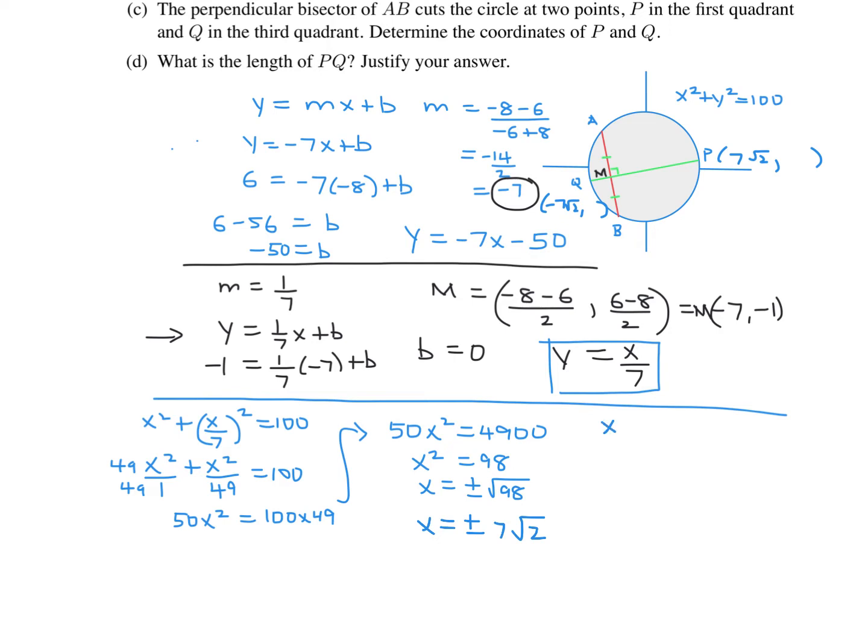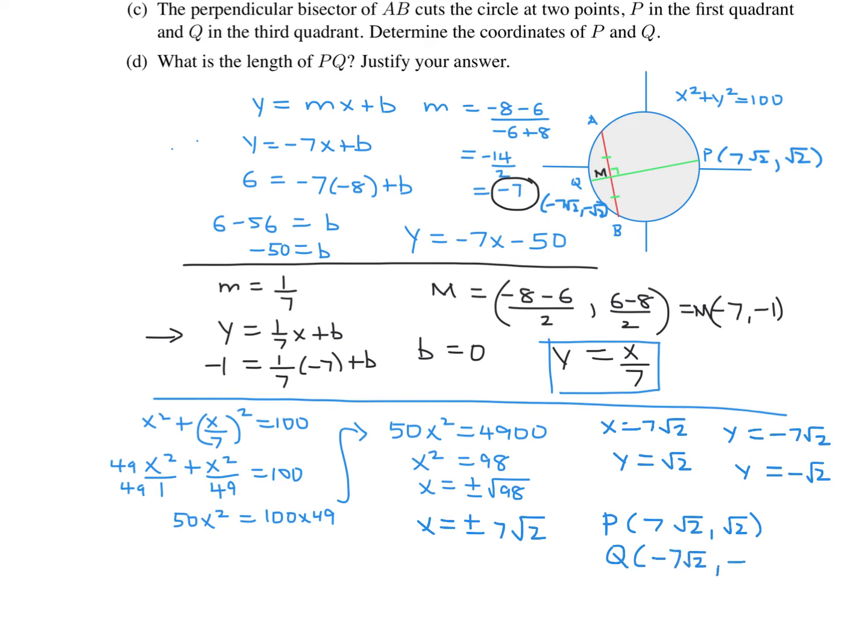When x is 7 root 2, y would be equal to root 2. So this is root 2. And then when x is equal to minus 7 root 2, y is equal to minus root 2. So minus root 2 we squeeze into there. And there you go. Those are the coordinates. P is (7 root 2, root 2), and Q is (minus 7 root 2, minus root 2).